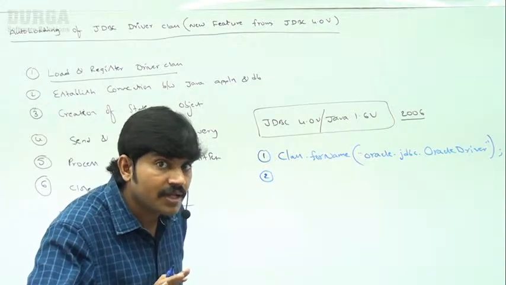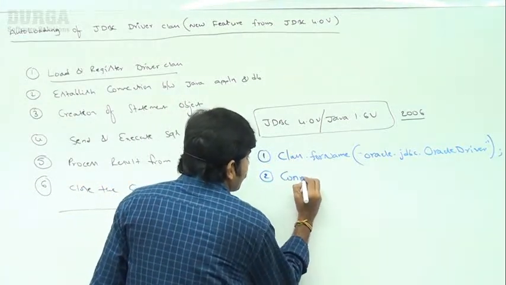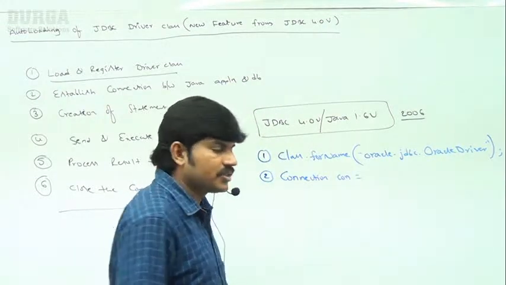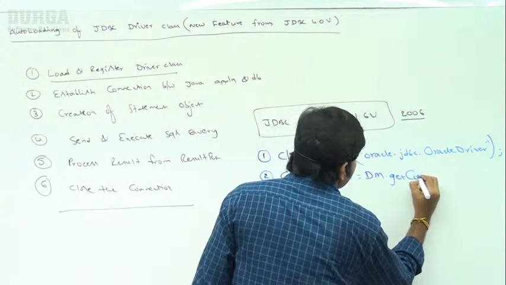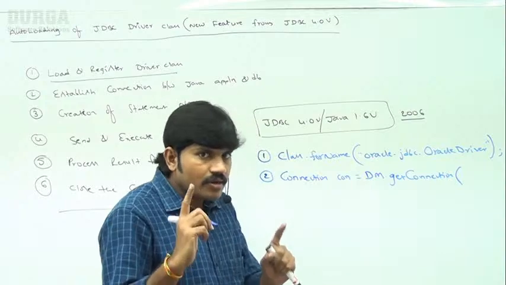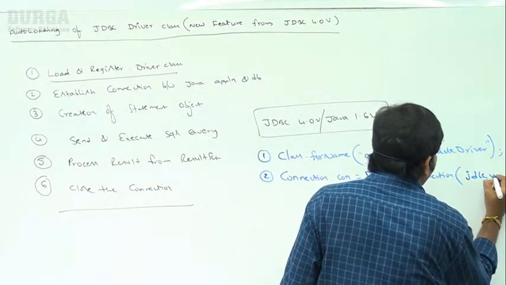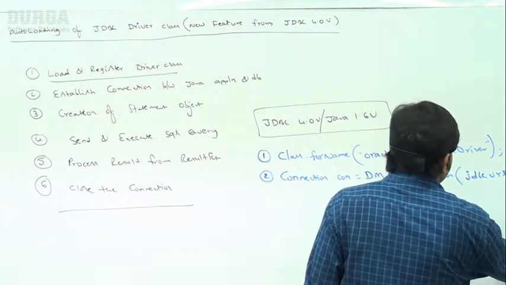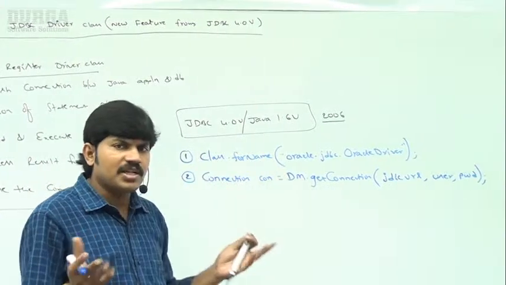And after this, what is the second step? Establish connection between Java application and database. Connection con equals DriverManager.getConnection, where we pass JDBC URL, comma, username, comma, password. You know all these things, sir, it's not new. I have explained multiple examples already.